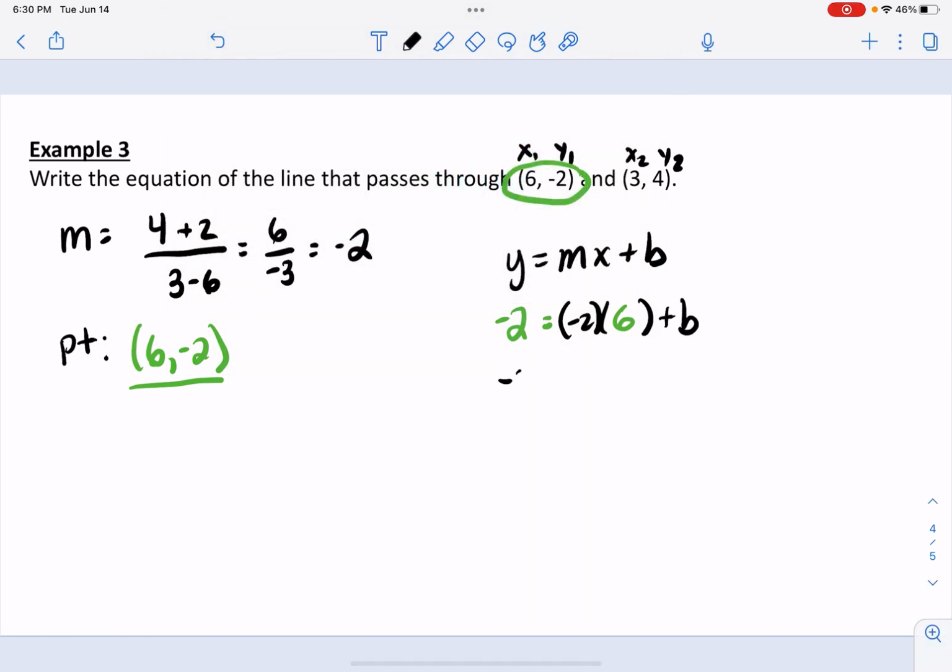So now I have negative 2 is equal to negative 12 plus b. I add that to both sides. We get 10. Y equals negative 2x plus 10.